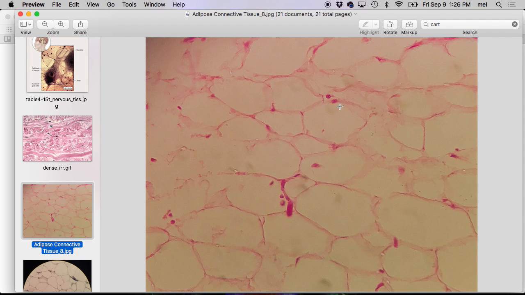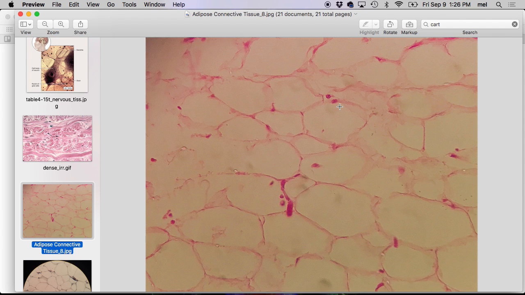So what you're actually looking at is a cell that is pretty much full of what we call a lipid vacuole, and that doesn't stain at all. The cytoplasm and the nucleus get pushed up against the side. So when you have a whole slide full of these, they end up looking like chicken wire.